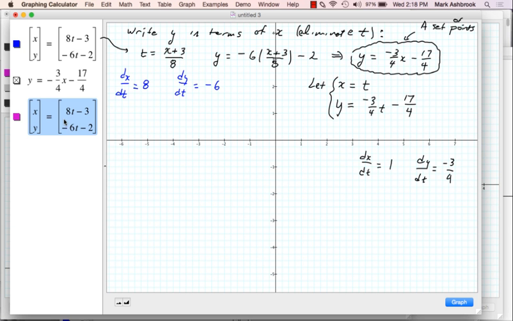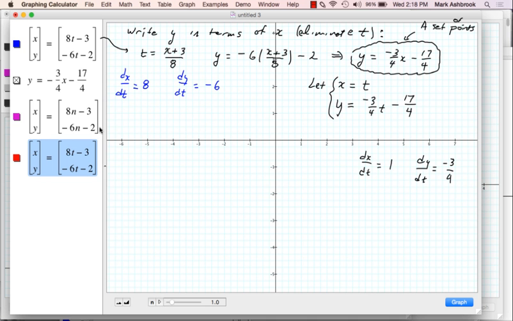All right, so do this. Make that one blue, because that's our blue one. And then what was it? -3/4 x minus 17/4.